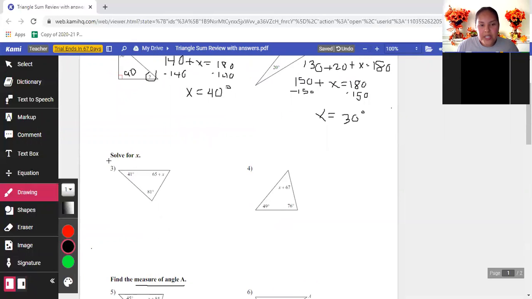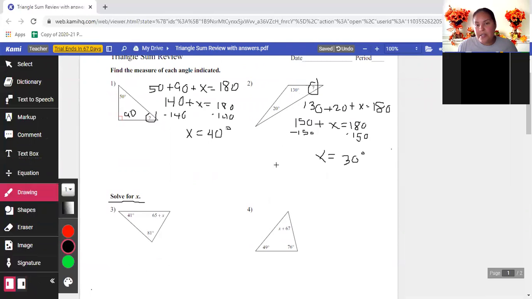So this one is saying solve for X. So I'm given an angle of 41, 81, and 65 plus X. So I'm going to do the same thing like I did up here. I'm going to go ahead and write down all the numbers that they give me.